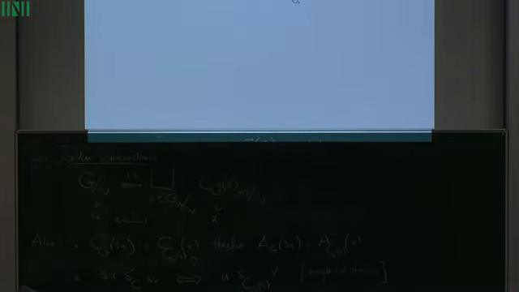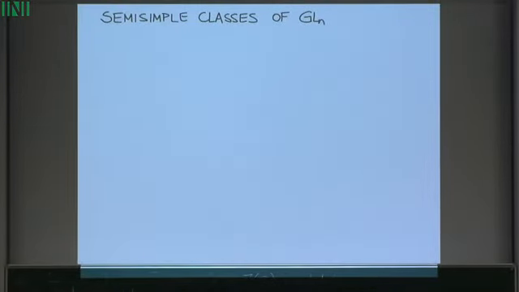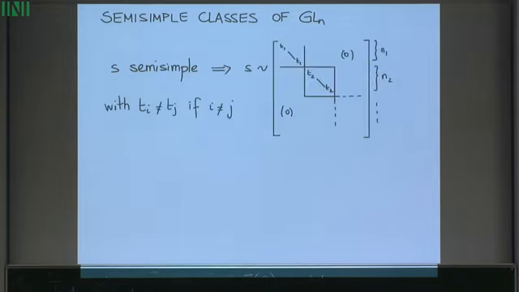Okay, so let me start with the semi-simple classes of GL_N. If I have a semi-simple element, it's just something which is diagonalizable, so it's conjugate to a matrix with eigenvalues in an algebraic closure of F_q. So I've grouped them together, t_1, t_2 with multiplicity n_1, n_2 and so on.